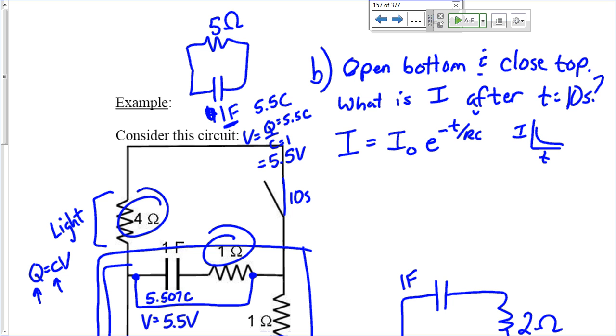Okay. So here, my I naught is going to be V over R times e to the minus t over RC. And that's going to be I as a function of t.